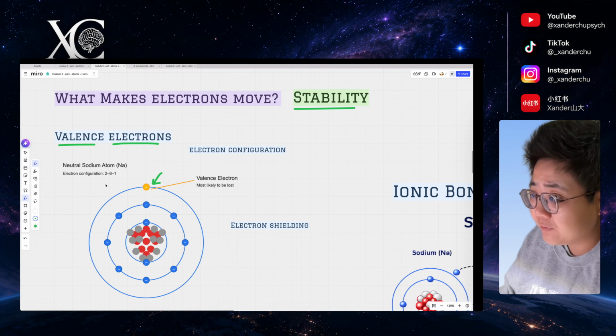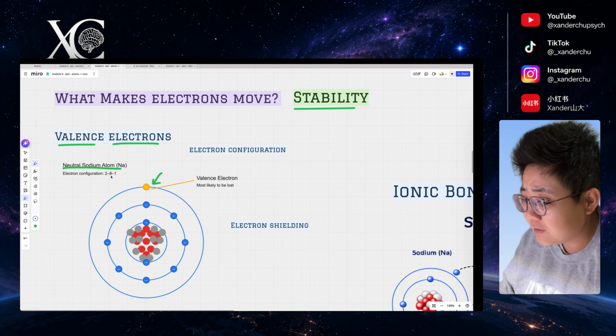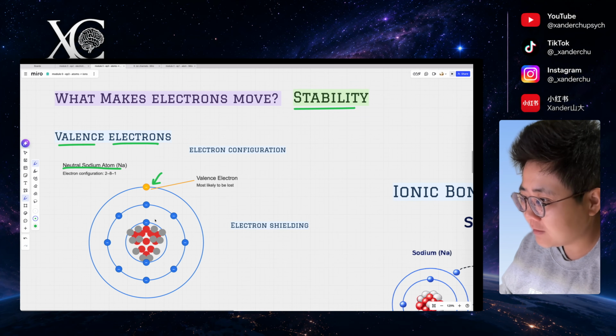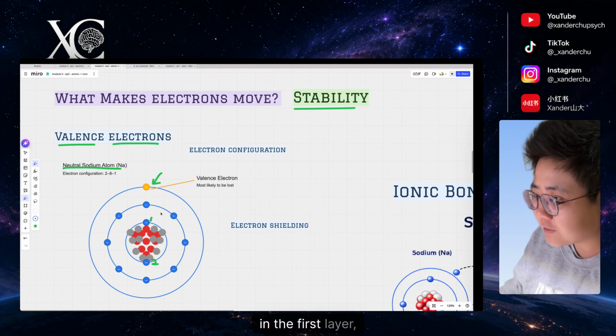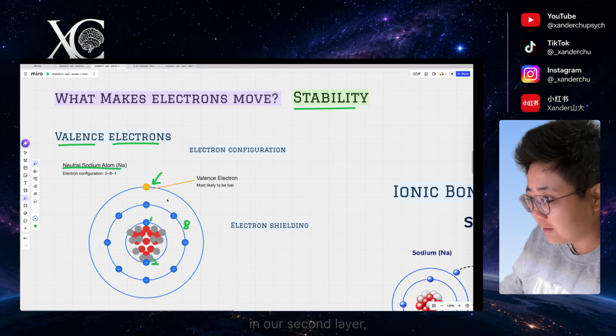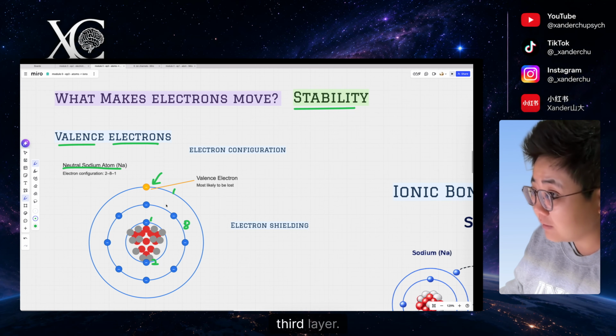And if you look at this one, we have a neutral sodium atom. So remember, we have 11 electrons in total. So we have 2 in the first layer. We have 8 in our second layer, and we have 1 in our outermost layer, or the third layer.